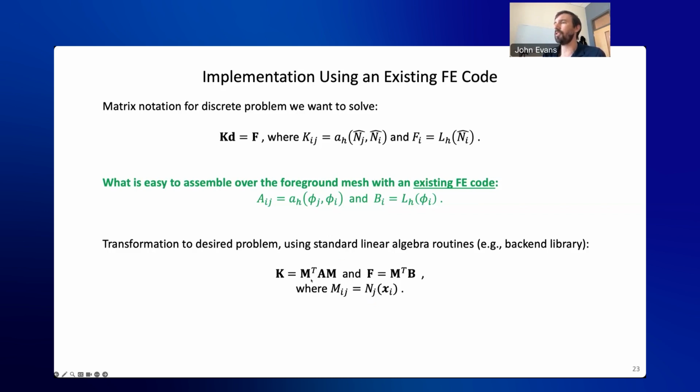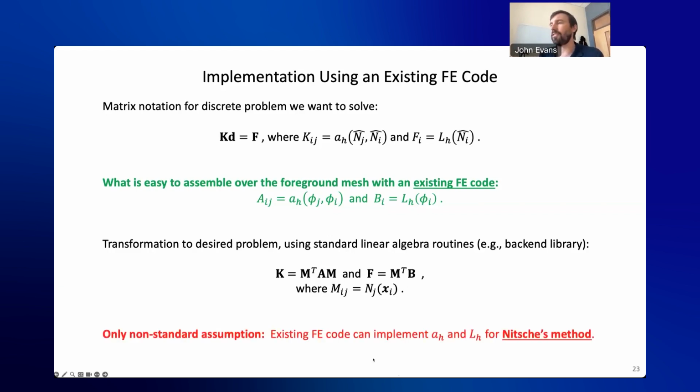And this means that we're just going to pre-multiply A by M transpose and post-multiply by M, and pre-multiply B by M transpose, where M, this extraction matrix, has entries M_ij equal to the jth background basis evaluated at the ith foreground node. So all we have to do is evaluate our background basis functions at these foreground nodes a priori, and we get a matrix, and then we can form A and B using our classical code, put it together, and we have a matrix system that we can solve.